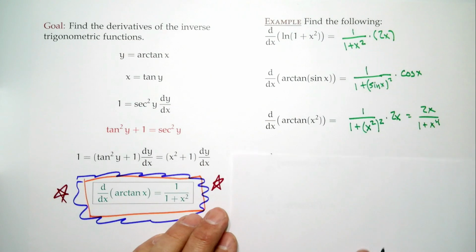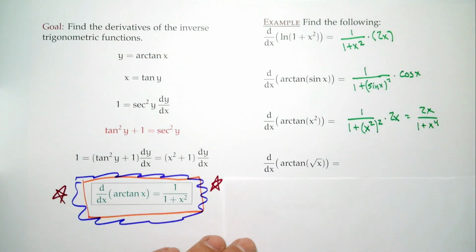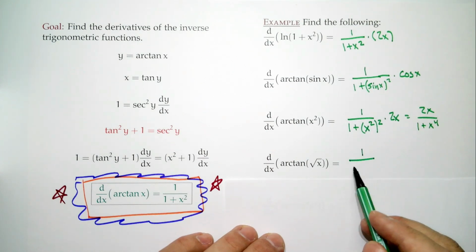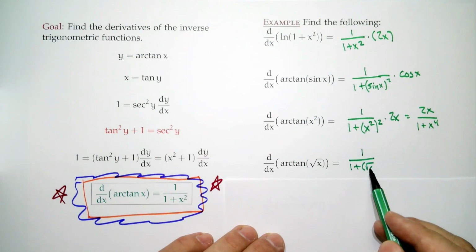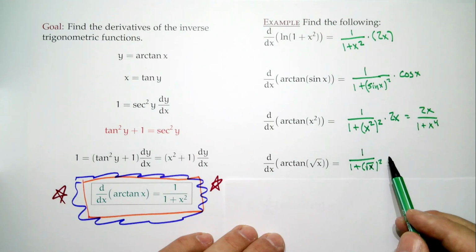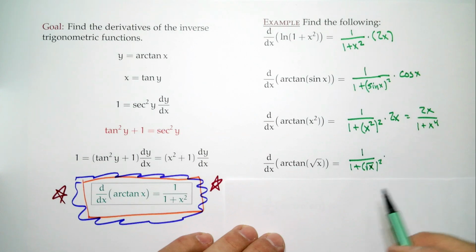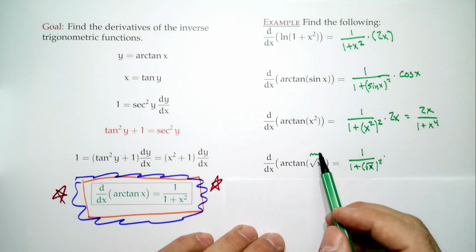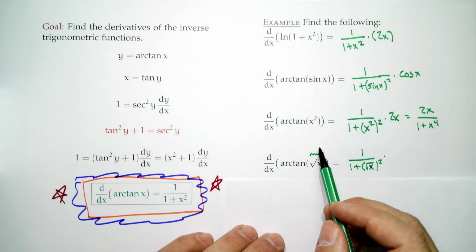All right, how about the arctangent of square root of x? What would that be? 1 over 1 plus square root of x squared, which will become x. Anything else? And if it helps, what's another way to write square root of x? x to the 1/2.